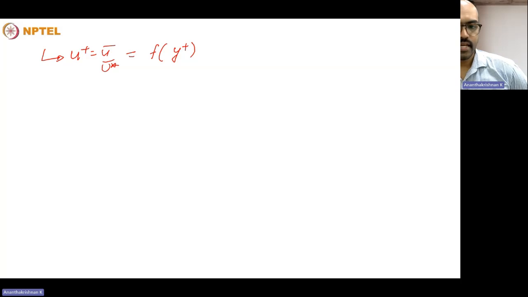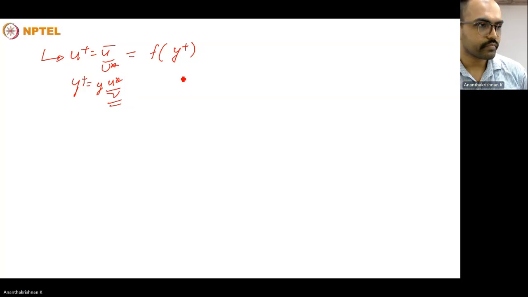We have already seen in the previous case that the y plus value is equal to 11.6, and from that we can get the value of y. So y plus is basically y into u star divided by mu.